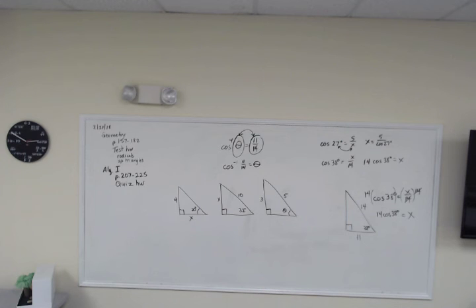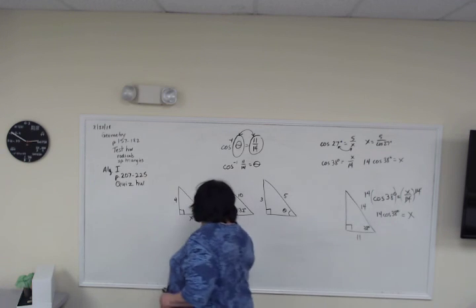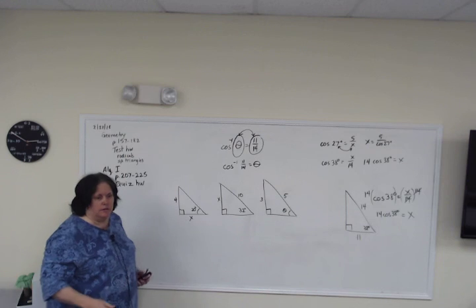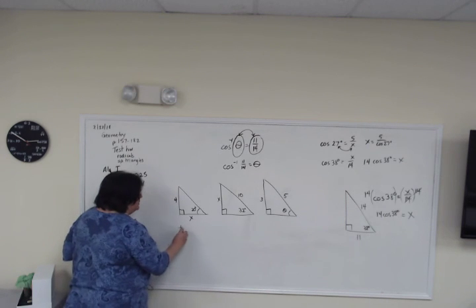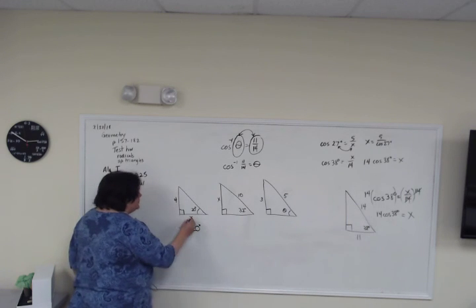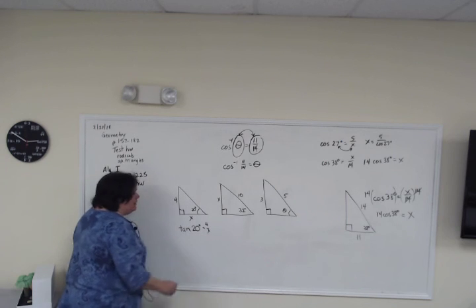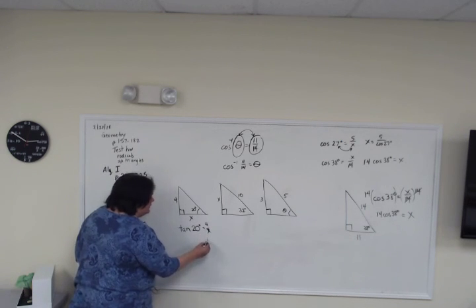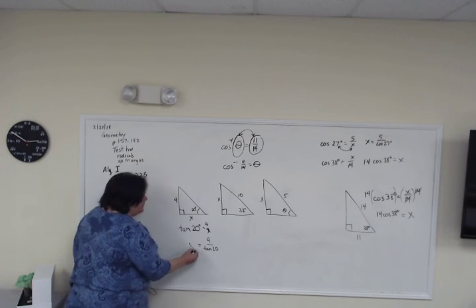Okay, so let's take a look at how to do that. Here, opposite and adjacent, that's tangent. We know the degrees, you can look at your chart, and we know it's opposite over adjacent. So when our variable's here, the answer is 4 divided by tangent of 20, and we punch it in.